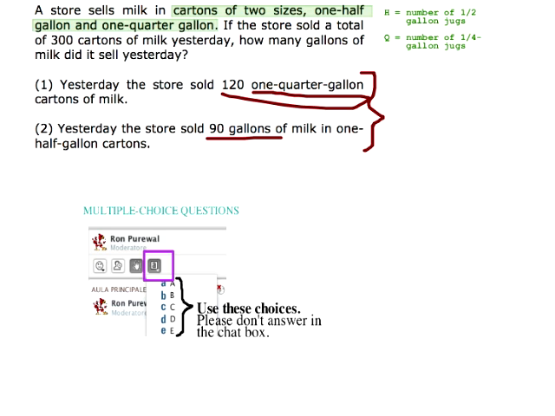So let's see what they are telling us here. If the store sold a total of 300 cartons of milk yesterday, what can you do with that? Yeah, H plus Q is going to be 300.